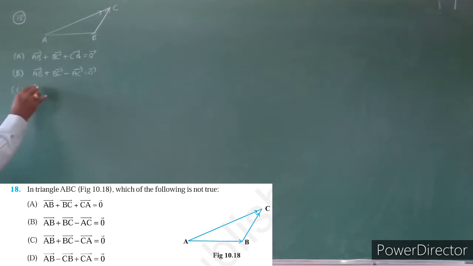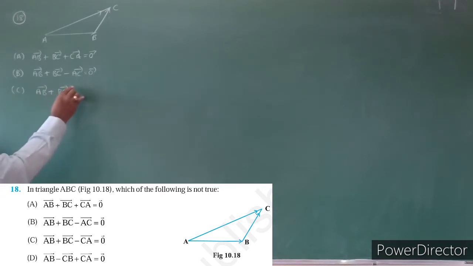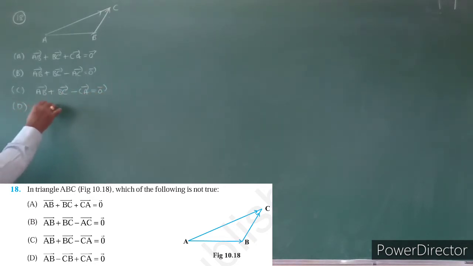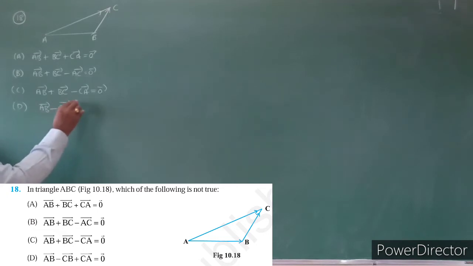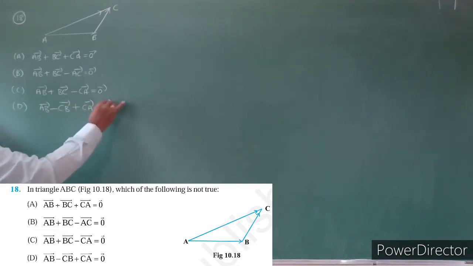Third question, AB bar plus BC bar minus CA bar is equal to 0 bar. Fourth, AB bar minus CB bar plus CA bar is equal to 0 bar.